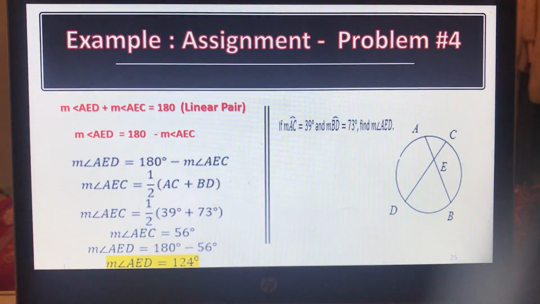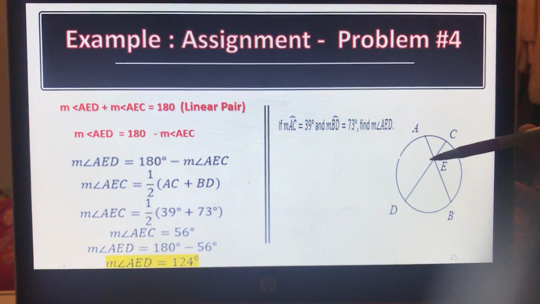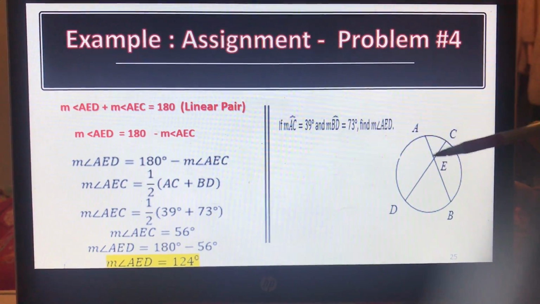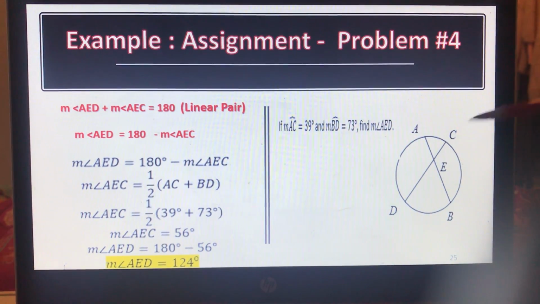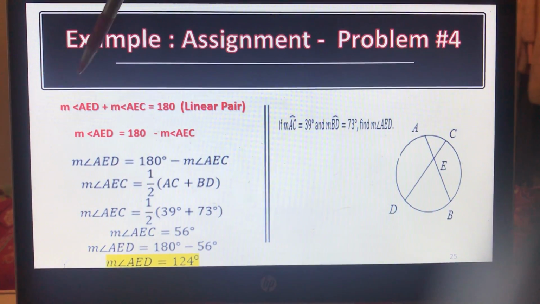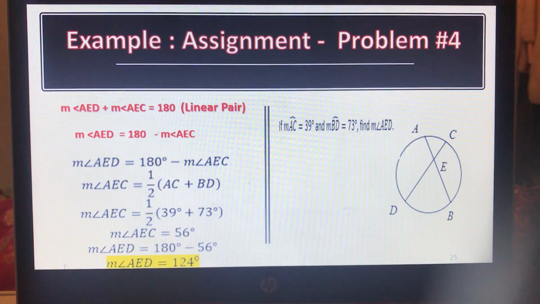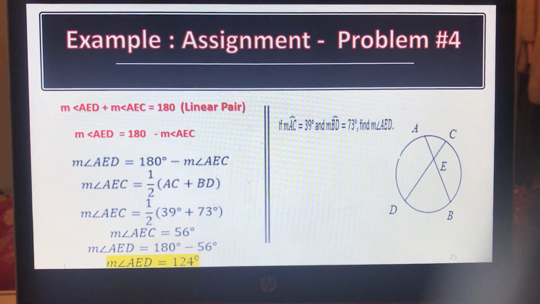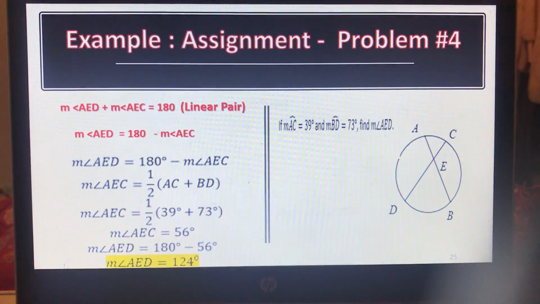So that means that by the definition of a linear pair, AED and AEC both are a linear pair. And by the definition of a linear pair, we know that the two angles that constitute a linear pair are supplementary, so the sum of those measures is always going to be equal to 180 degrees.